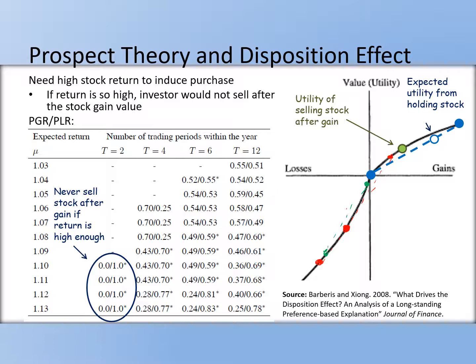The problem is I can't draw it too close because you can't see the difference. But really, think about being slightly on the left of the kink versus slightly on the right of the kink. Slightly on the left is actually better, because the marginal utility you get is higher on the left than on the right.